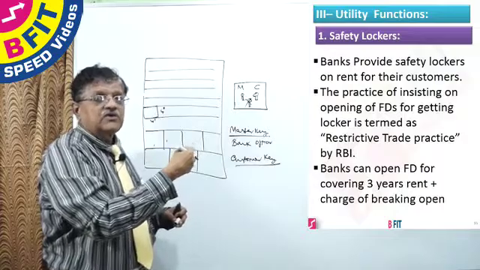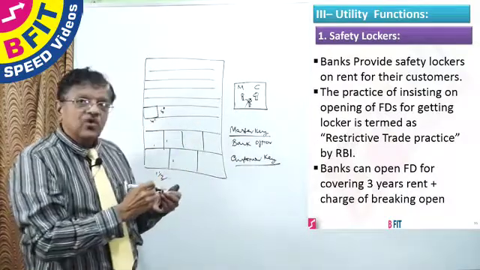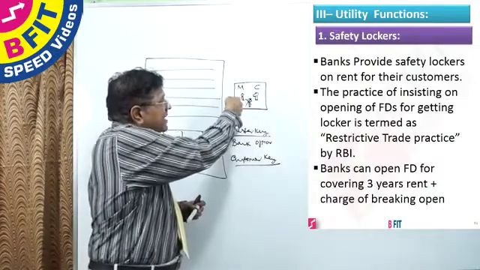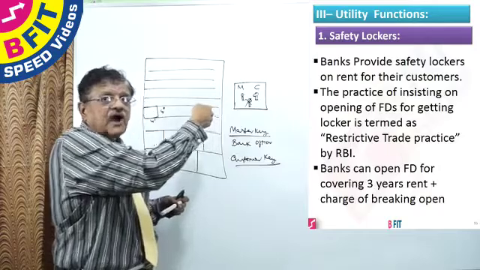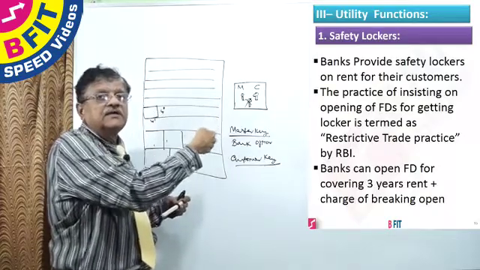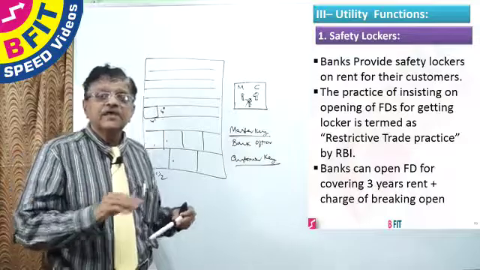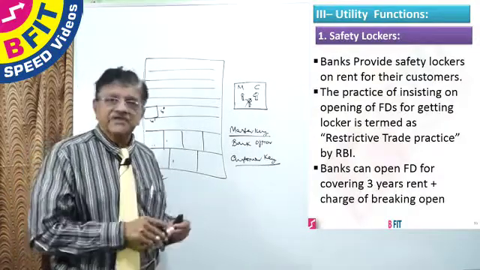What will the bank officer do? The bank officer will not wait till you open. Once he knows that your key is operated and you are able to open it halfway, the bank officer will leave the place, because he doesn't want to be a party to what you keep inside and what you take outside.